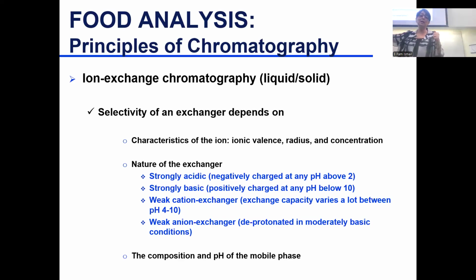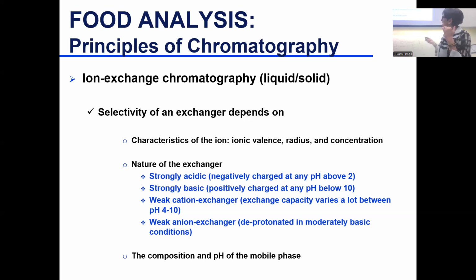So they will be negatively charged no matter what your pH. Over a wide range of pH above pH 2, they will always be negatively charged. Strong acid, always going to give you your proton. Dissociate very easily, gives the proton. Strong base is the opposite. Will hold on to the proton over a wide range of pH. All pH below 10, it will be positively charged.